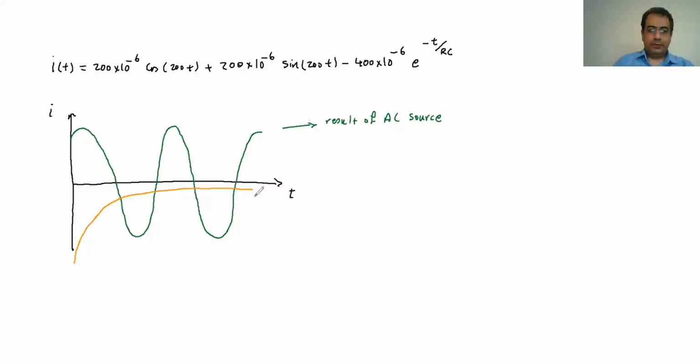The other one that we see here is the result of the initial condition in the system.